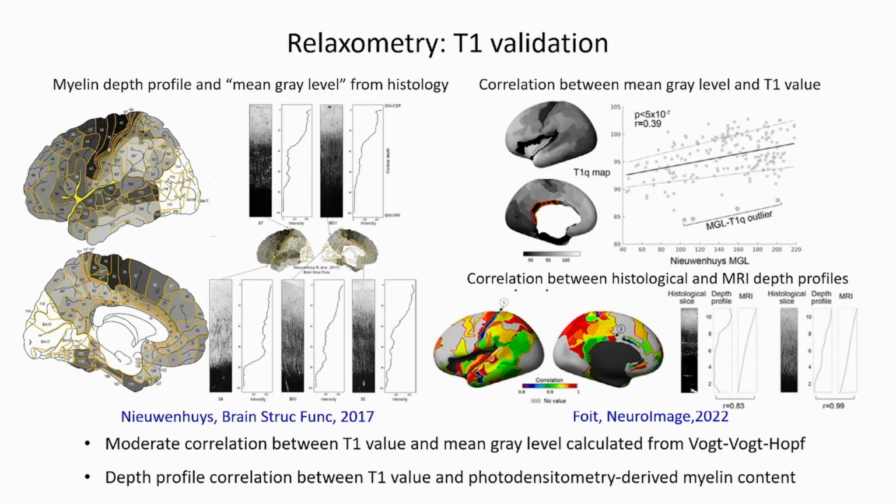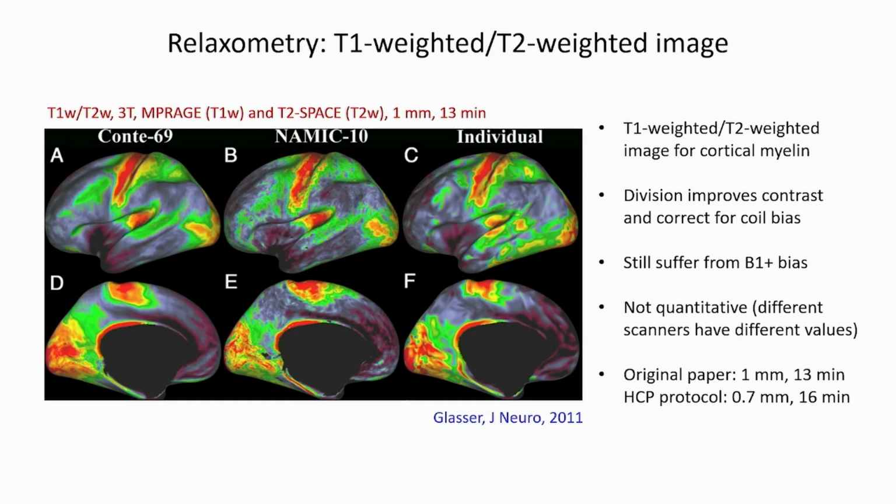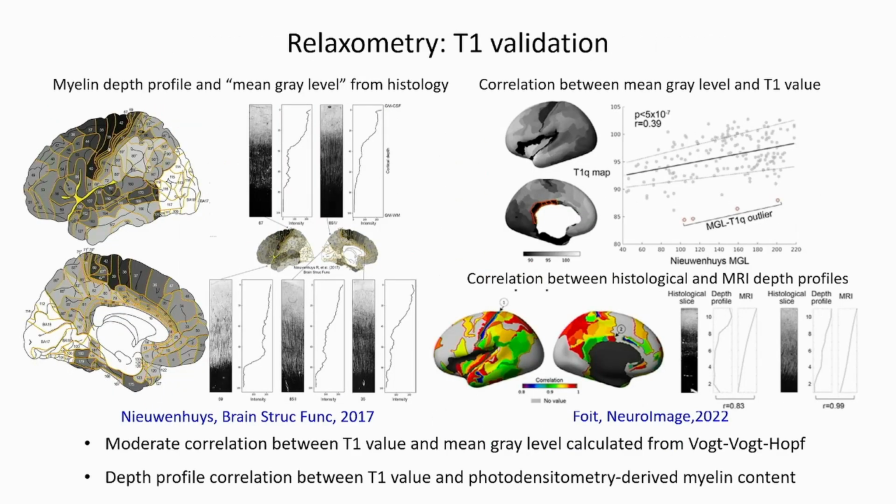And this T1 mapping has been partially validated by comparison with the histology shown on the left, which labeled each area of the cortex by the mean gray level from the histology. This particular study shows the correlation of that mean gray level from histology with the T1 value of the same region.